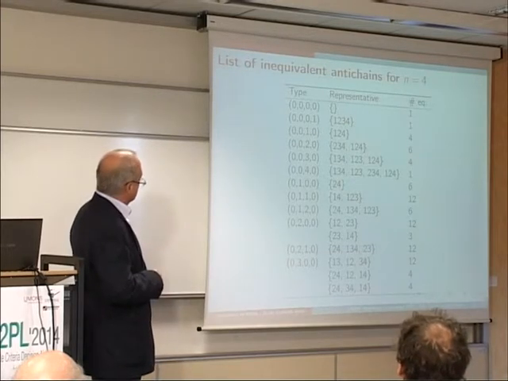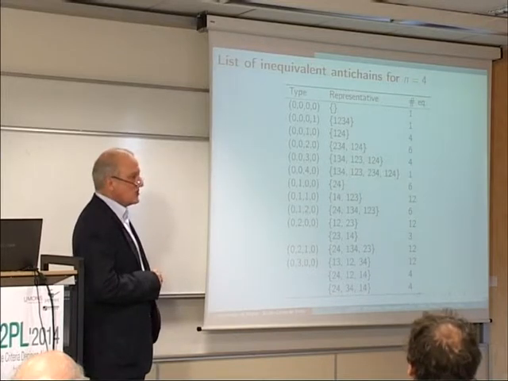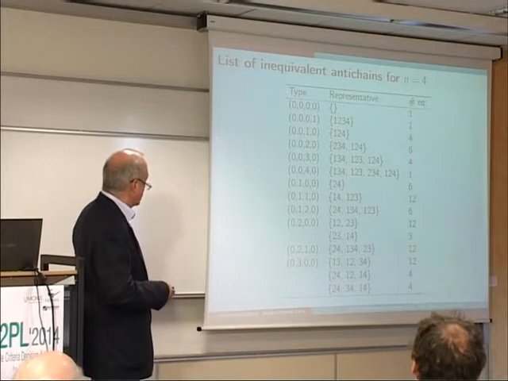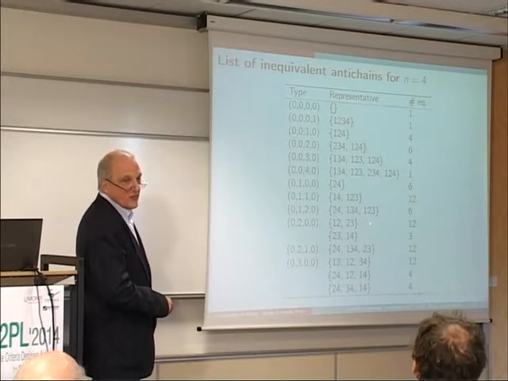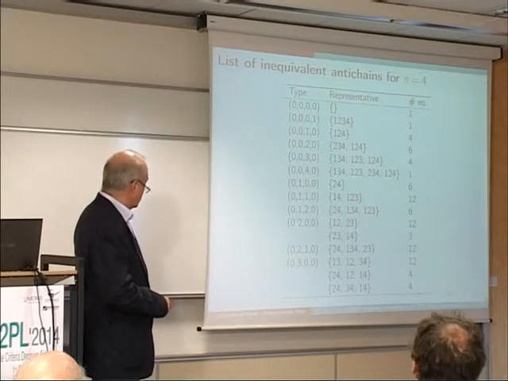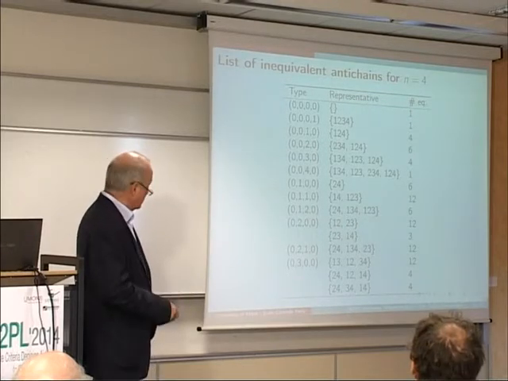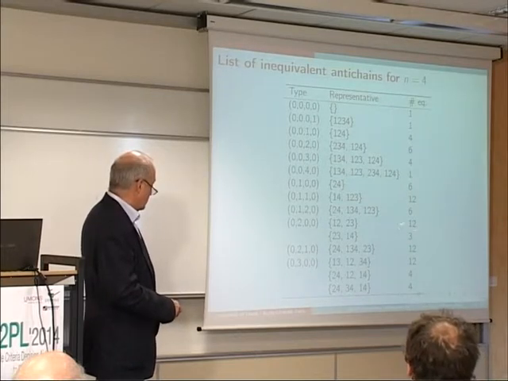So for the list of inequivalent anti-chains for n equal to 4, we have this picture. So you see, for some types, you have non-isomorphic anti-chains. For instance, here with 2 pairs, we have 2 disjoint pairs for n equals 4.